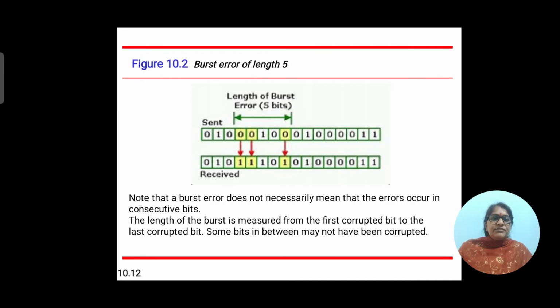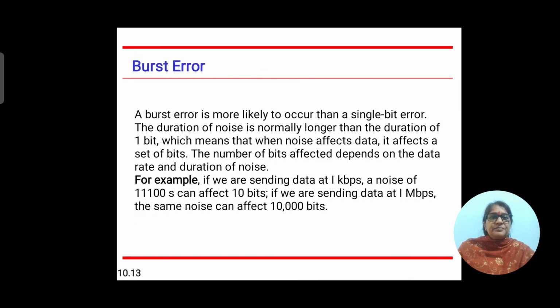The length of the burst is measured from the first corrupted bit to the last corrupted bit. Some bits in between may not have been corrupted. So, as we studied in the earlier example, the first bit is changed, that is corrupted, and the last one. Now let us see what a burst error is.